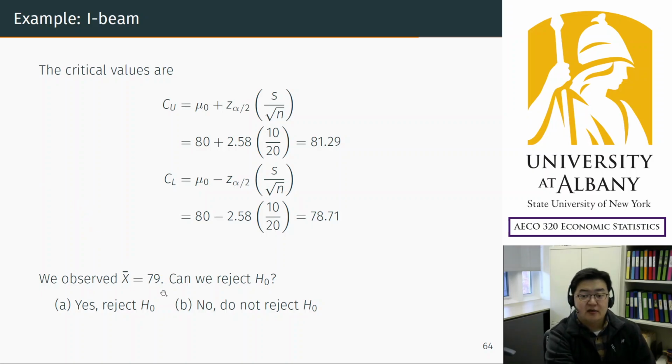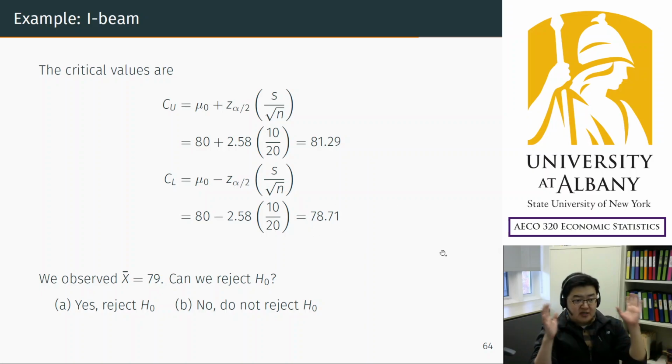The answer is no, because the critical values are given. If your sample average is in between those critical values, you are not going to reject the null hypothesis. But if the sample average is outside of the critical values, then you reject.